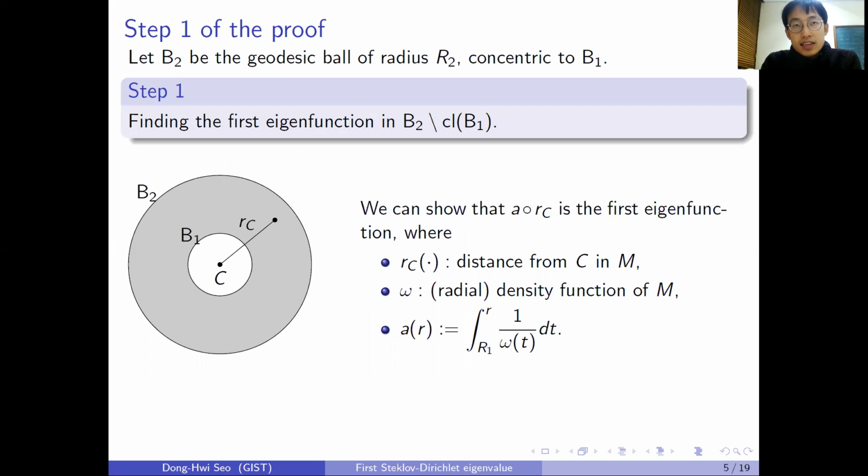So as in the three-dimensional Euclidean space, we can compute the first eigenfunction in an annulus in a two-point homogeneous space.